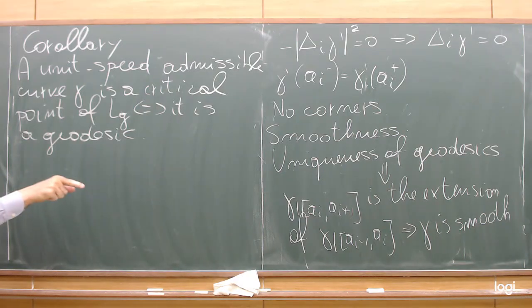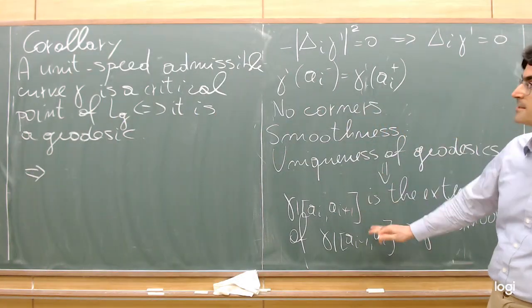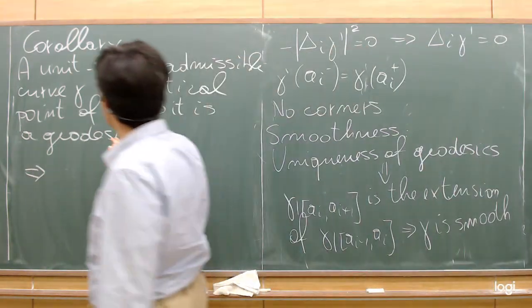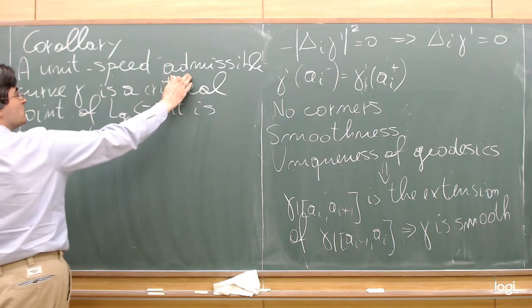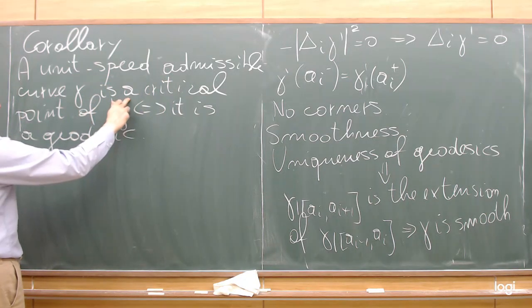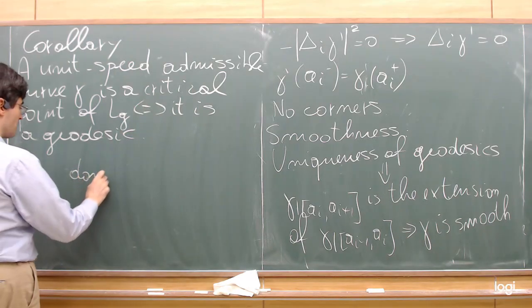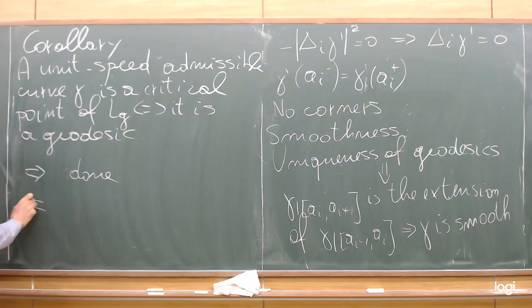So it is clear that this implication has been already proved. What we proved is that if gamma is an admissible curve with unit speed, which is a critical point, then gamma is a geodesic. What about this implication?